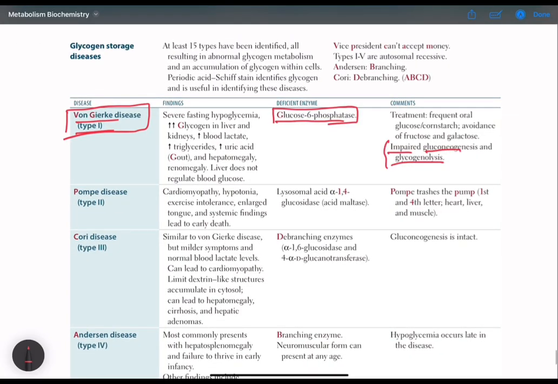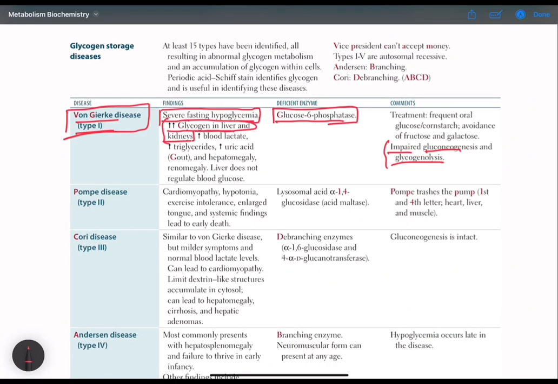So what will be the features or findings of von Gierke disease? The first is severe fasting hypoglycemia. We will have severe hypoglycemia because the whole glycogenolysis pathway is disrupted as well as gluconeogenesis. So these children will have bouts of severe hypoglycemia. In addition, we can have increased glycogen in liver and kidneys.